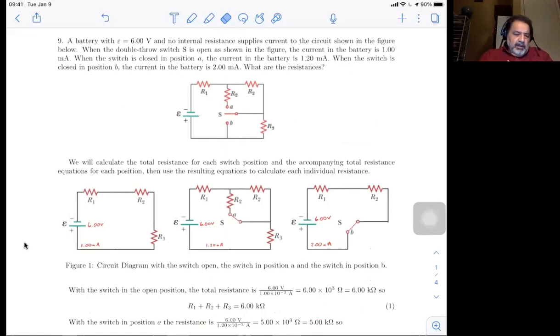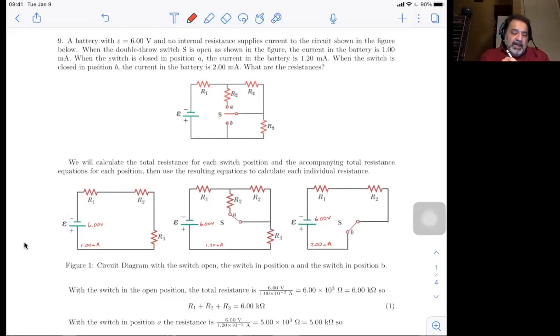So this is what we're looking at. This is the switch in the open position, and you can see that all of these internal lines and resistors, it ignores those. So this is what it looks like when we're in the position shown, the open position.